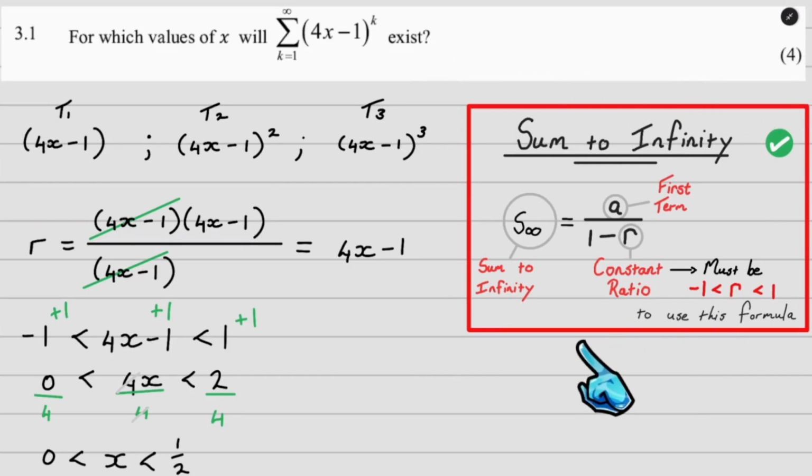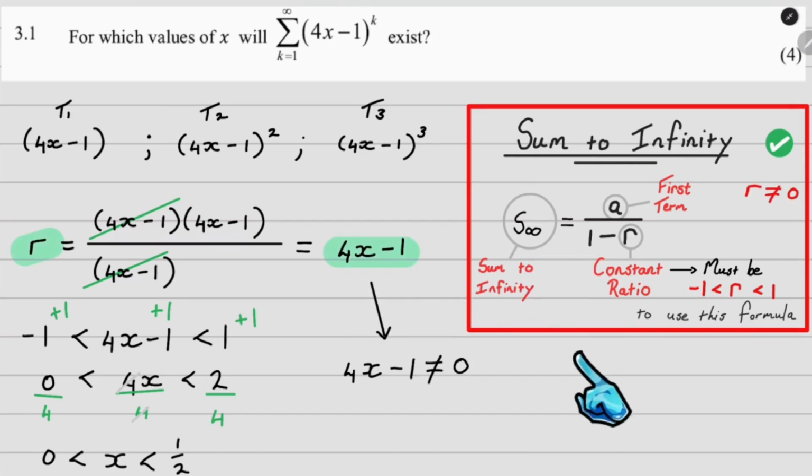And then one more small thing about the sum to infinity. Your ratio can never be 0, so that will affect our answer. So the ratio we got here, 4x minus 1, cannot equal 0. So I'm going to model that separately. The ratio cannot equal 0. And then I take this 1 over, it becomes plus 1.